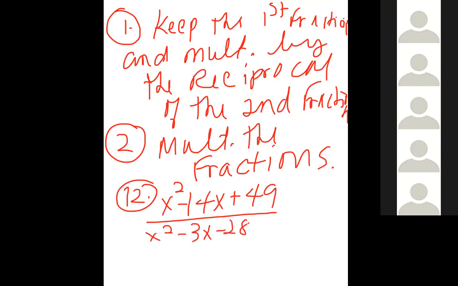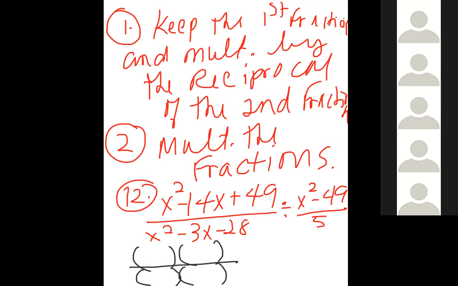And then all of this is being divided by x squared minus 49 over 5. All right, guys. Time to factor, okay? Well, actually, we're supposed to keep the first one and multiply by the reciprocal of the second one. So I'm going to do 2 things at once. So the first thing I'm going to do is to factor the first fraction.